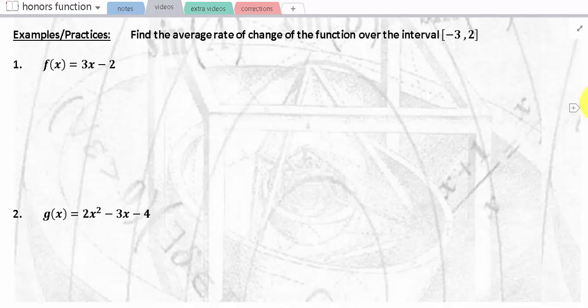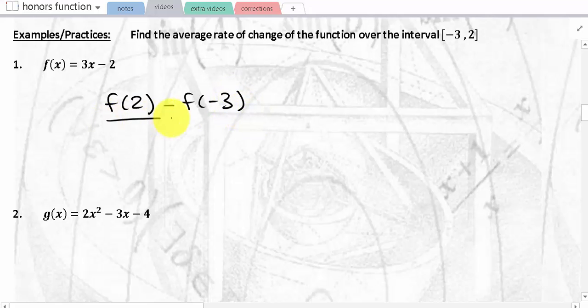I'm going to do number 1 and I will let you do number 2 and 3. You want the average rate of change of the function over the interval -3, 2. So it is f of 2, that's y2, minus f of -3, that's y1, over 2 minus -3. Here we go.